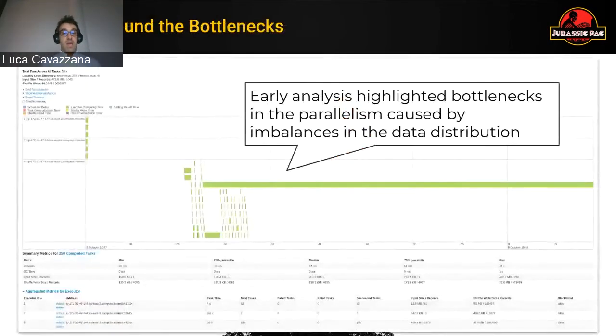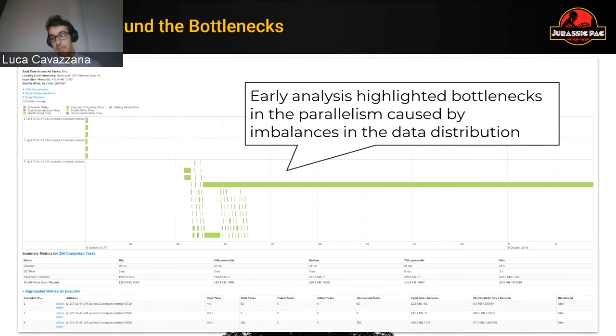And then in the next slide, we can see that, performing some preliminary analysis of this application, we realized that there are some bottlenecks, meaning that because of some imbalances in the distribution of the data, the application was not really taking advantage of the full parallelism of the resources.